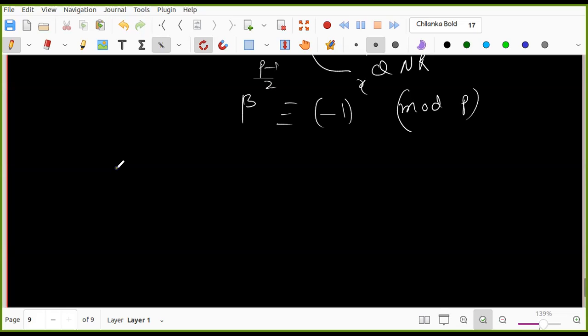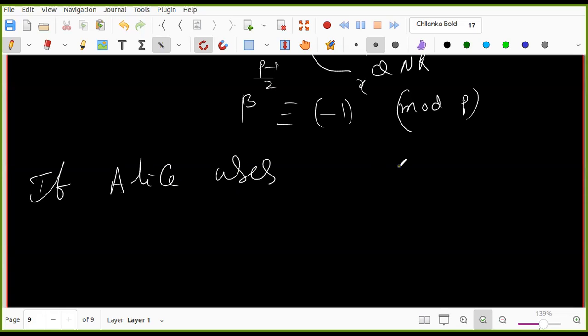Now I'll do one more problem. For example, Alice uses some random key k.